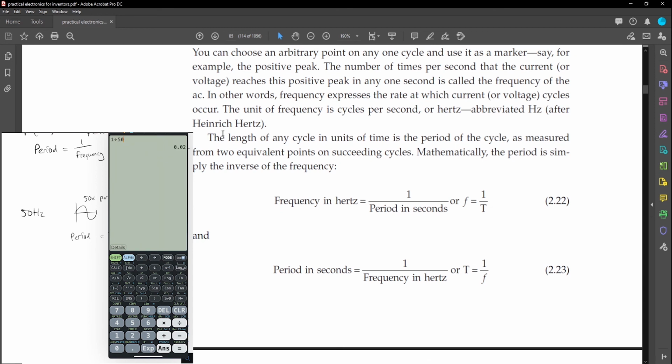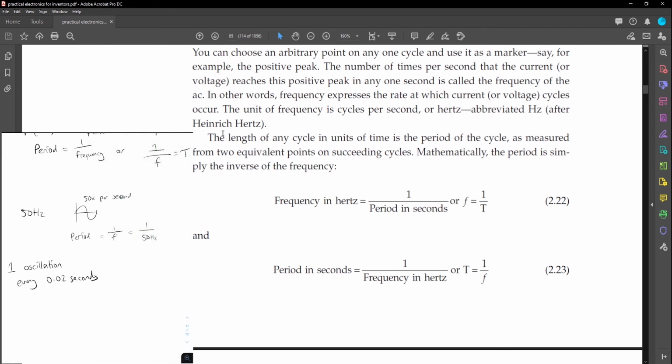So I get that: you get 1 oscillation every 0.02 seconds. Okay, I'm comfortable with that.